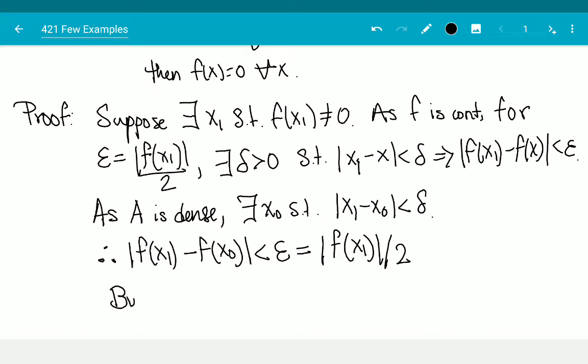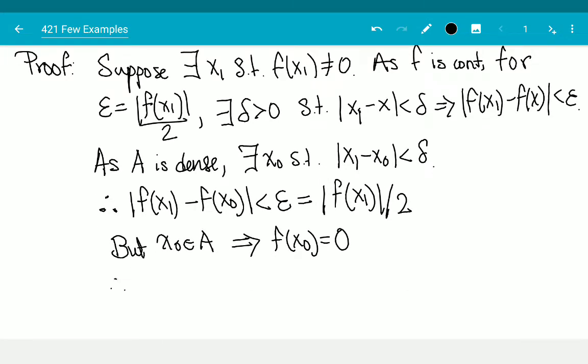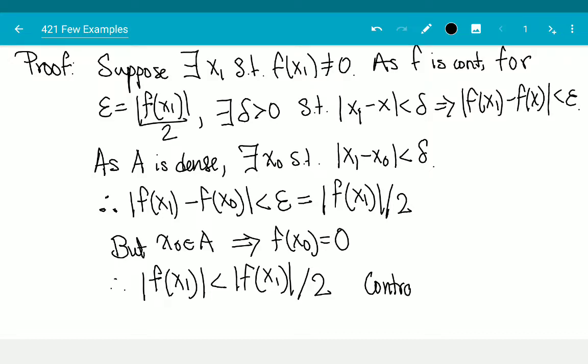But x naught belongs to A, which implies f of x naught is equal to 0, right? And therefore absolute value of f of x1 is smaller than absolute value of f of x1 over 2, which is a contradiction.